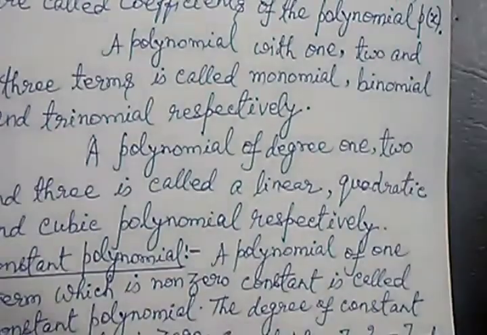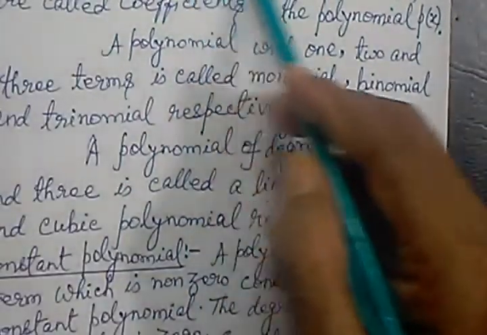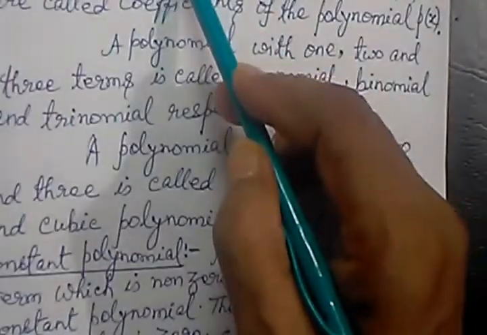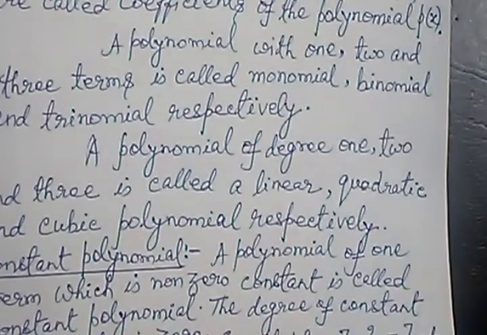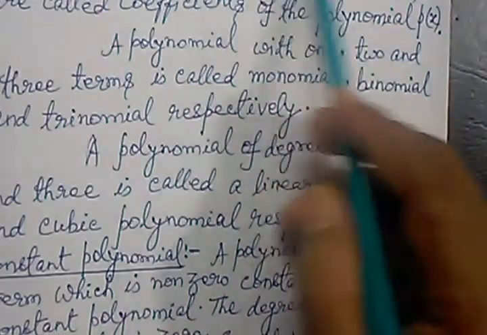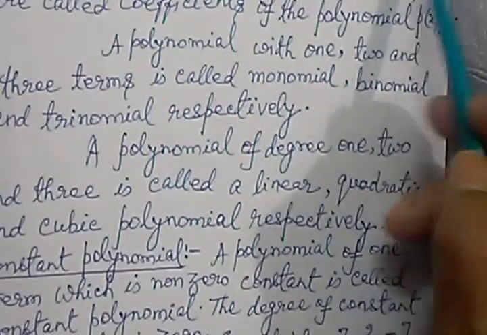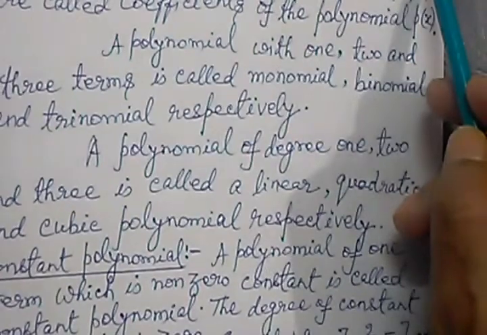So it is clear to you that these are the terms of the polynomial: a naught, a1x, a2x square, thereafter a3x cube, then a4x to the power 4, and then anx to the power n.